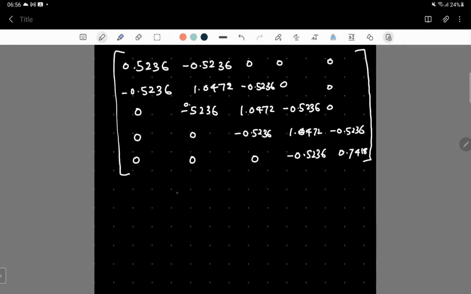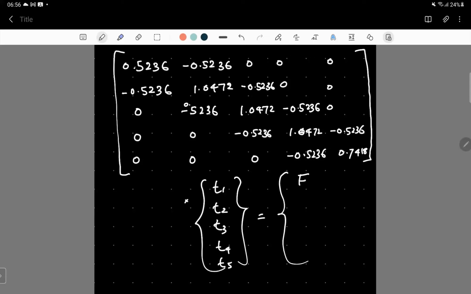This total structure stiffness matrix is multiplied by the corresponding temperatures T1, T2, T3, T4, and T5, which is equal to the force matrix. F1 is unknown. There is no heat flux, so the corresponding elements for nodes 2, 3, and 4 are 0, and at the free end, the fifth node, it is 2.812, which we just found.